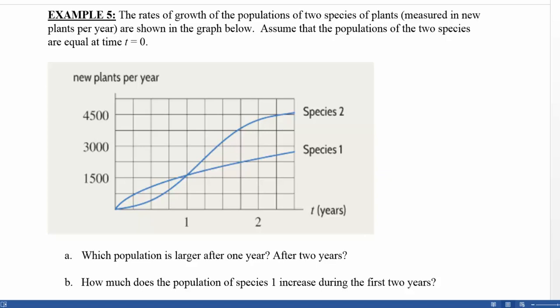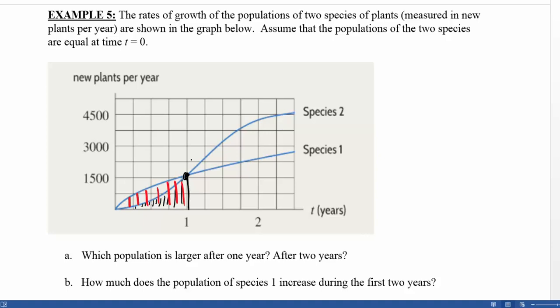So let's start by looking at what's happening after 1 year. So after 1 year, we're looking at the area under the curve for these two species. So the area under the curve for species 2 is the area that's right here. And then the area under the curve for species 1 is going to be this whole area here.